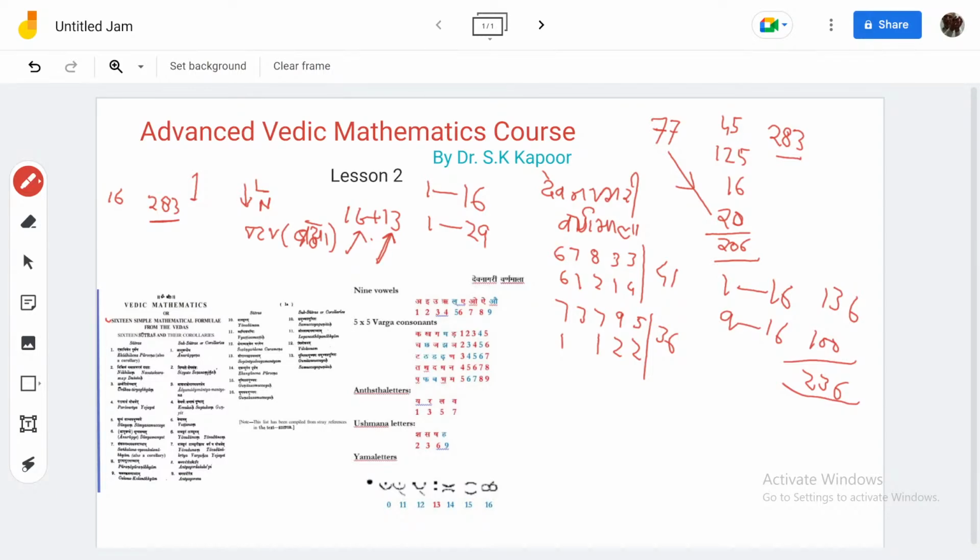And as such, the first step for entering the advanced Vedic mathematics course is to have a translation of the text of Ganita Sutras in letters form to its numbers alphabet format. So we have to learn, we have to be efficient in our translation of the text.